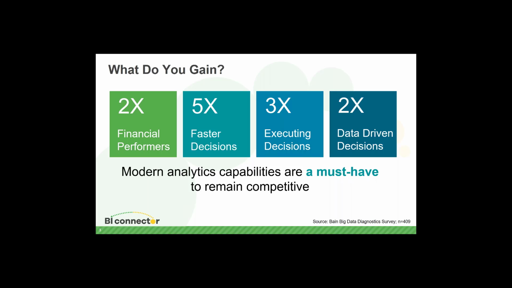And they are 3 times more likely to execute on those decisions. And they are 2 times more likely to be using data to drive their business decisions and more frequently use the data for business decisions. So it is no longer a choice for your organization whether you need to have a modern analytics capability or not. It is a must-have to remain competitive in your industry.